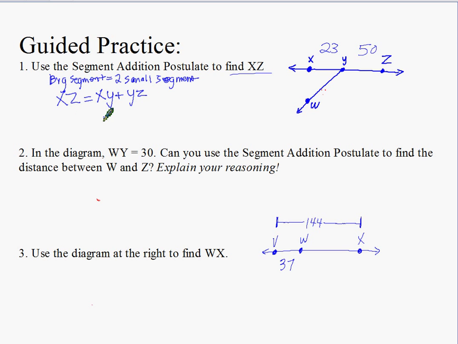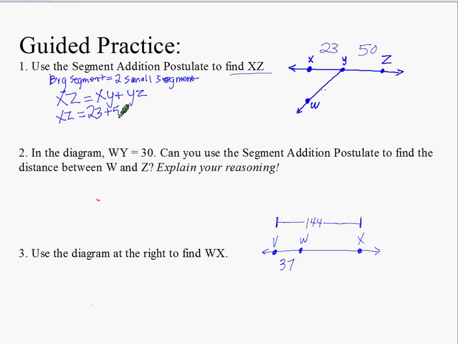I'm going to set this up to show you that this is just a simple substitution and equation from Algebra 1. We don't know what the big segment is, so let's pretend we don't. Let's put XZ again. XY we know is 23, so put your 23 down. And then your YZ is 50.